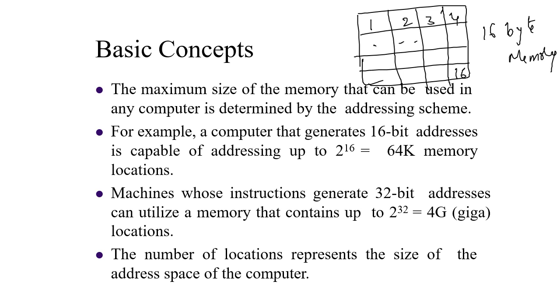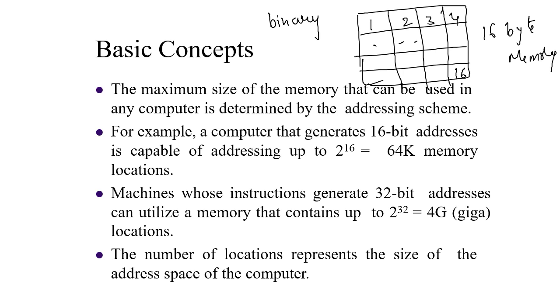In order to address these 16 different locations, I should generate a unique address, and that address should be in binary format. So the easiest way to generate the address is representing these 16 different locations in binary.